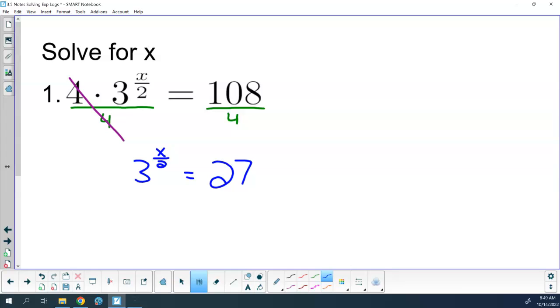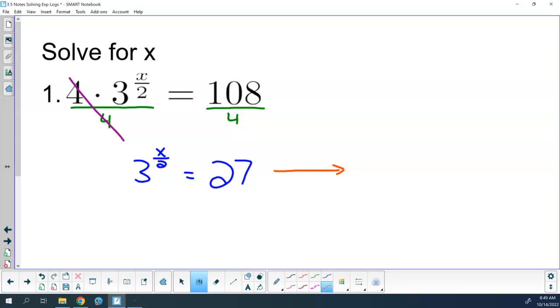Now that you've got it isolated, in this particular case we could write them both as base 3, because 27 is 3 cubed, but that's not always going to be the case. So I'm not going to teach you that method. Instead, we take this exponential equation and put it in logarithmic form.